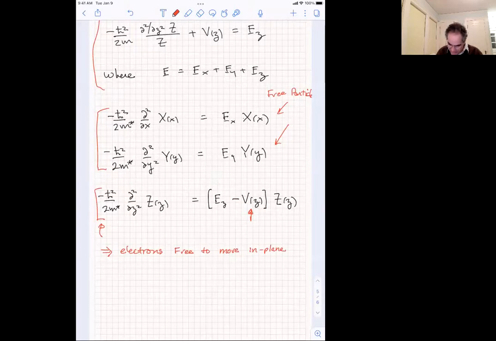And the wave functions that solve this equation look like e to the i kx x or e to the i ky y. They're free particle wave functions.